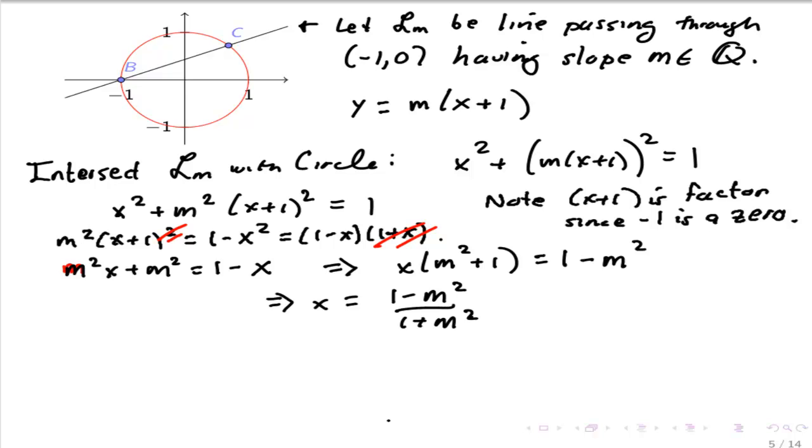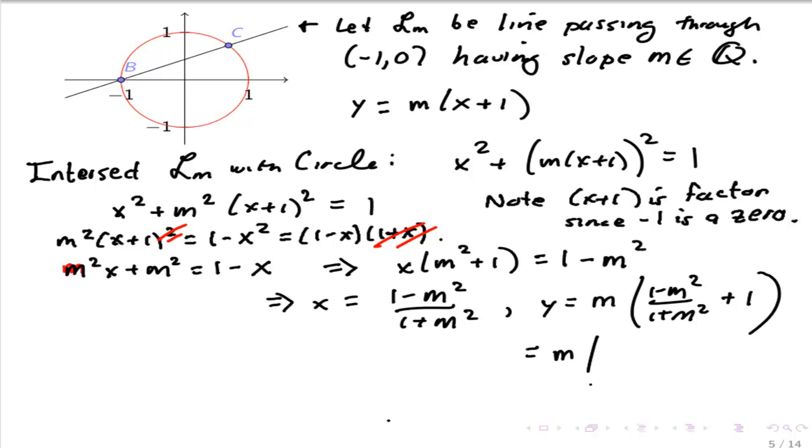And then given x, we can find y, m times x plus 1, like that, which is m times 1 minus m squared plus 1 plus m squared, which is just 2 over 1 plus m squared, and we get 2m over 1 plus m squared. And that's the second point of intersection.